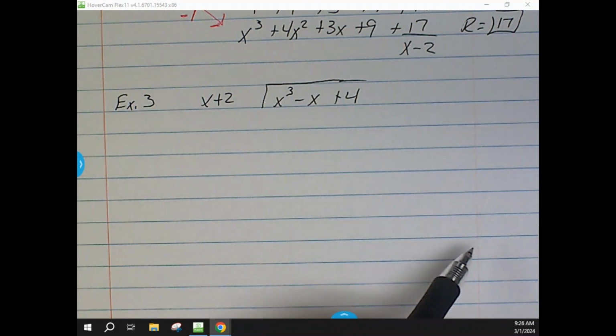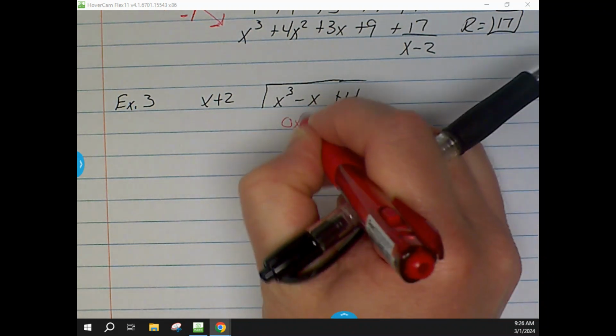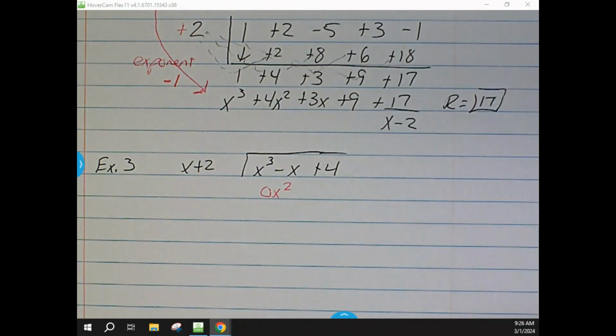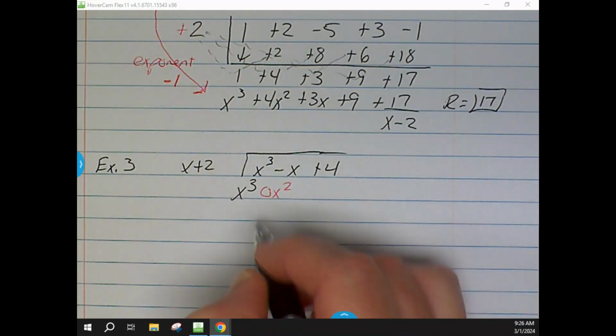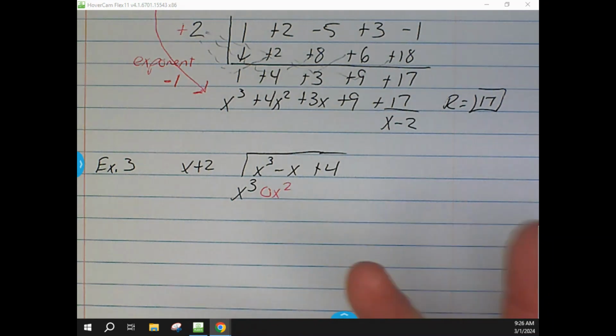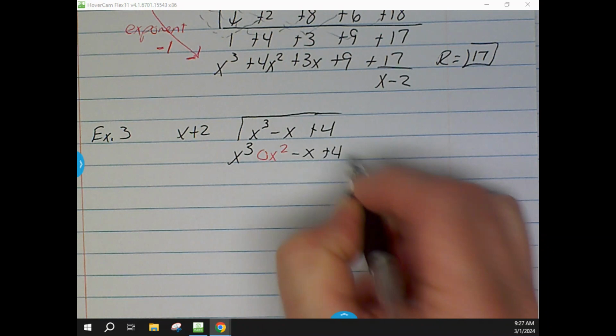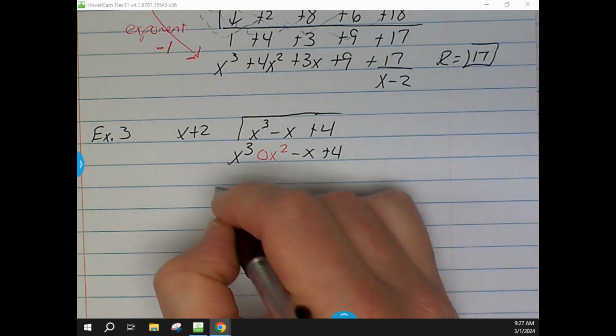So what you have to do in this case is know that there's a 0x squared. The 0 is going to be like a placeholder. You've got to have all the powers of x, because if not, these numbers don't line up correctly. So this really is x to the third plus 0x squared minus x plus 4. So that's what you've got to think about for this one when you do your division here.